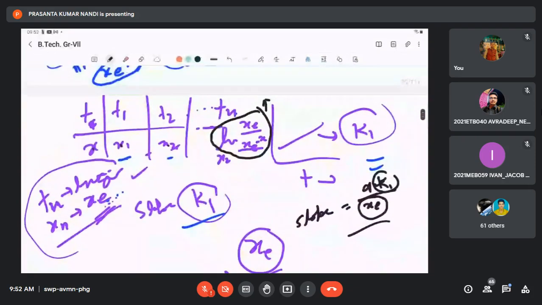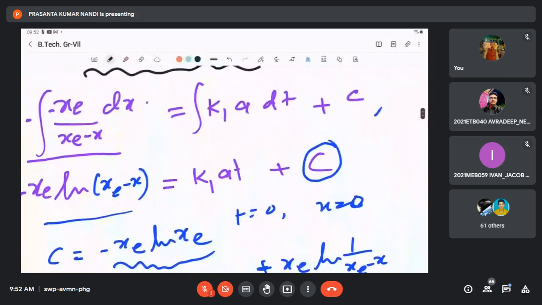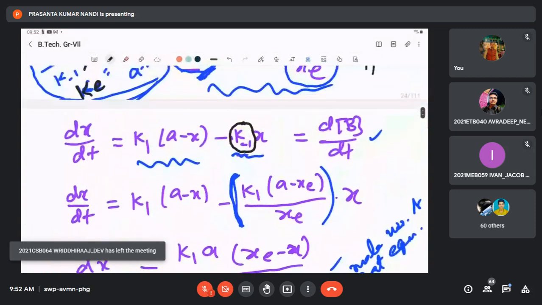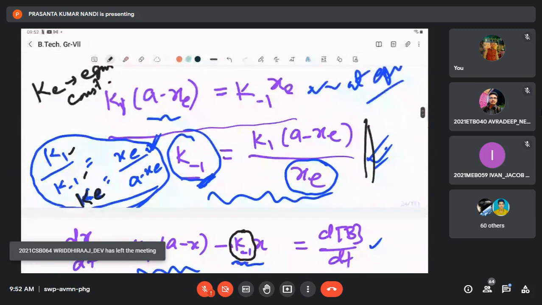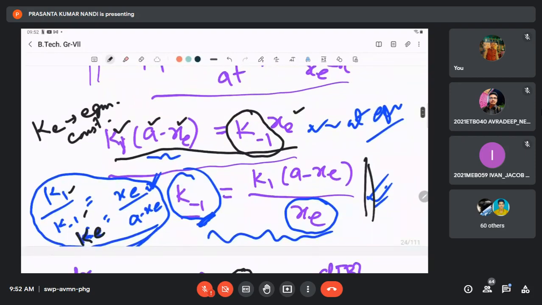So this is the way. Once you get K1, you can also find out the reverse rate constant from these expressions. Because you know this one, you know this one, so you can find out. So both K1 and K minus 1 can be evaluated. Once you know K1 and K minus 1, you can find out the equilibrium constant.